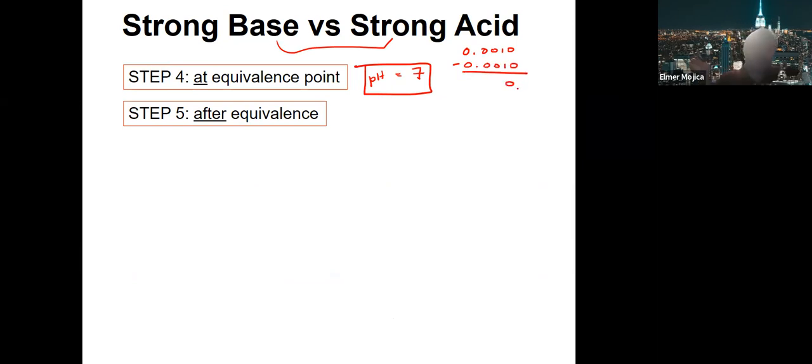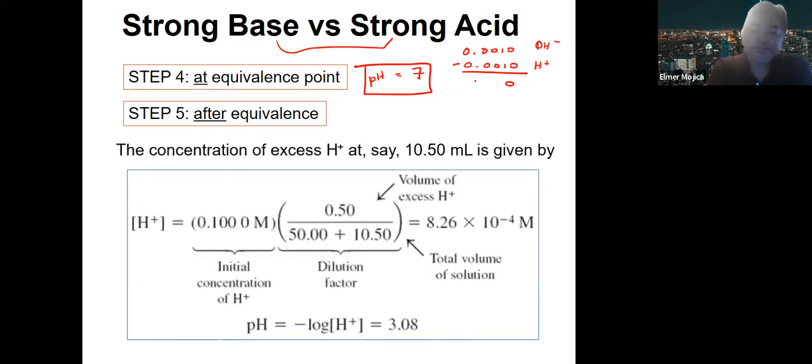You end up with none of the acid or none of the base in excess. So they have the same amount. So the equivalence point is what we call equal to 7. So this is where you have equal moles of the OH minus and the H plus. That's only true if you have a strong acid and a strong base.